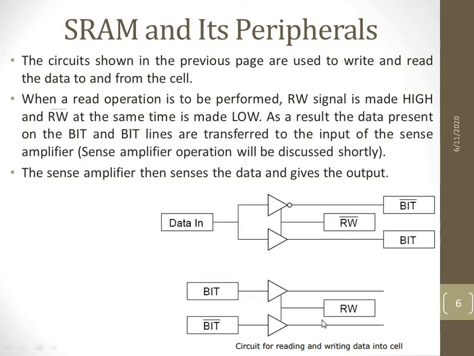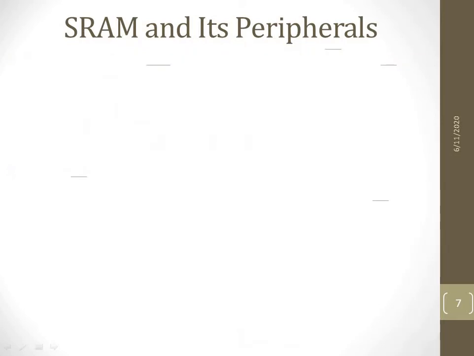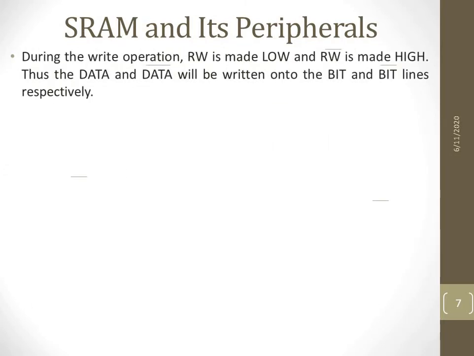As I said, if RW is made high and RW bar is made low at the same time, the bit and bit bar are made either high and low to transfer the input. During the write operation, RW is made low and RW bar is made high.